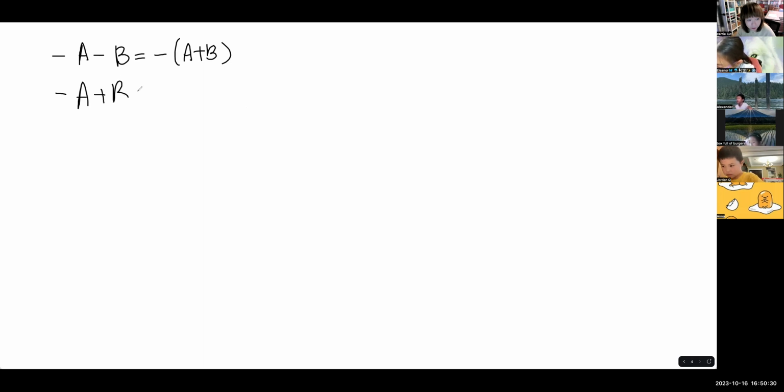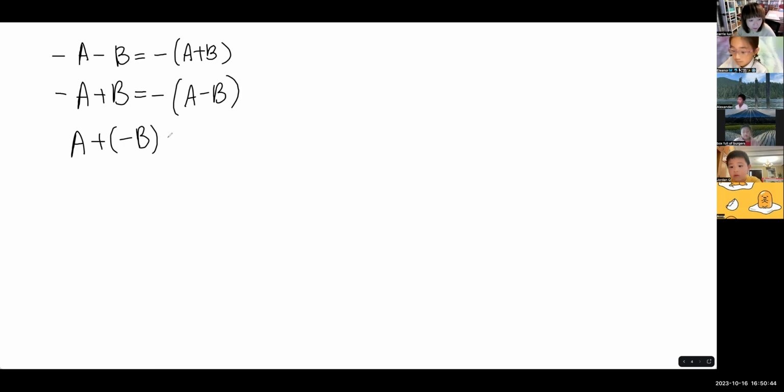Okay, so if we have already learned -a minus b equals -a plus b. We have learned -a plus b equals -a minus b, and positive a plus -b equals a minus b.